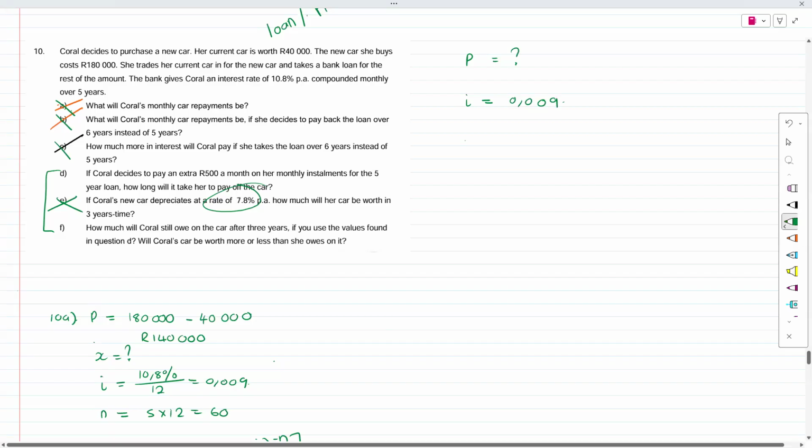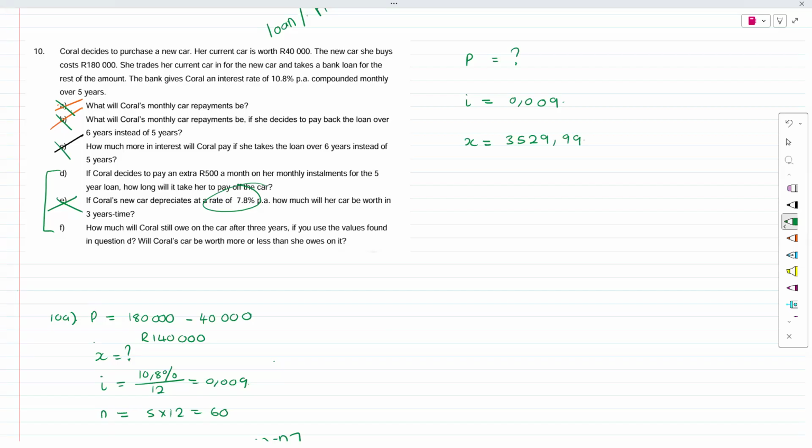In terms of X, we know this is 3529.99. In terms of N, now N is a bit iffy because it said, okay, how much would she owe in the car after 3 years? So we're only worried about the 3 years. 3 times 12 equals 36.